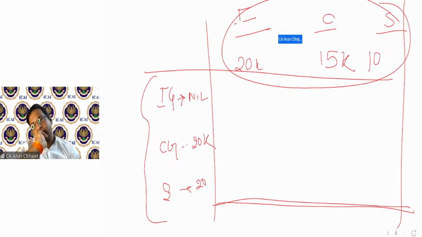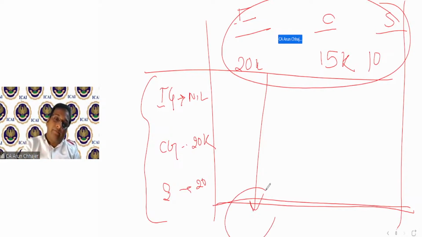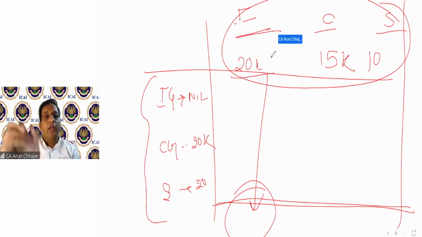C0, S0, and I5. Tell me one thing. I'm asking one question: is there any possibility that ITC under IGST would have some balance?